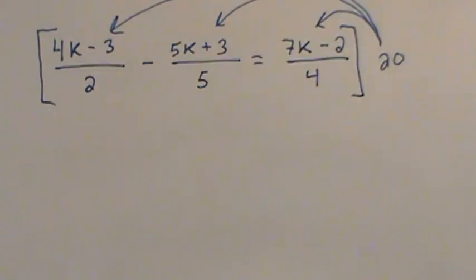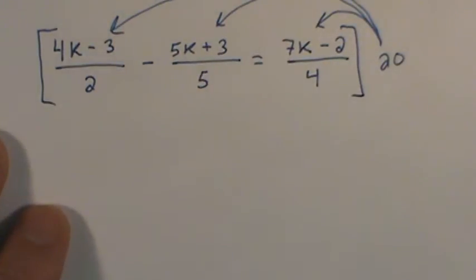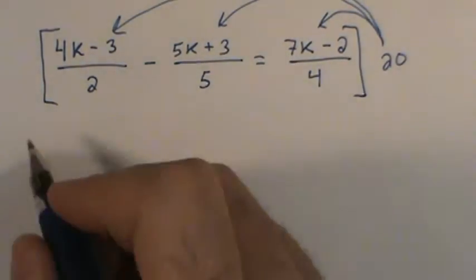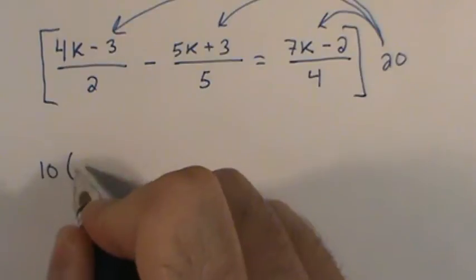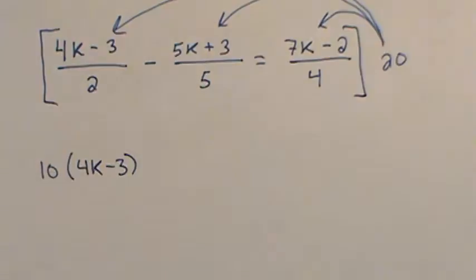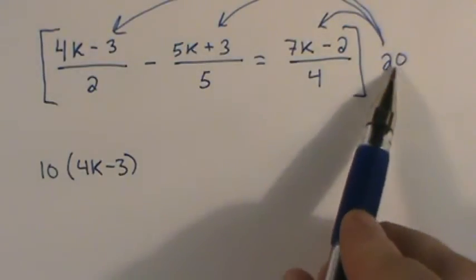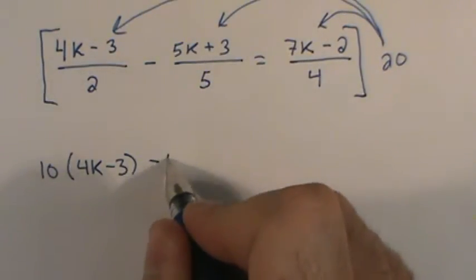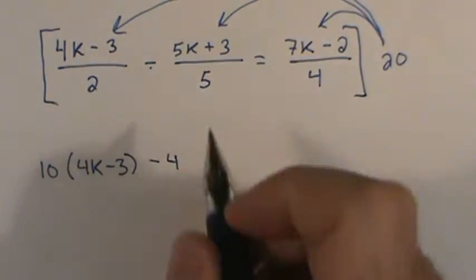As I multiply to all three terms, I'll do 20 divided by 2 is 10. So I'll write this as 10 times 4k minus 3. Remember that numerator comes down unchanged. 20 divided by 5 is 4. So I'll say minus 4 because of the operator there.